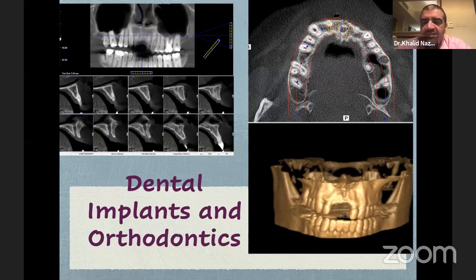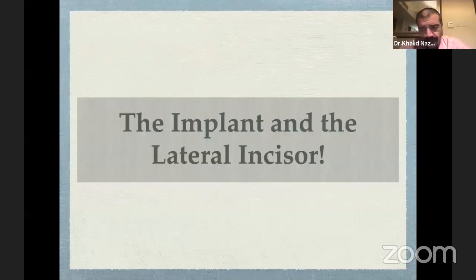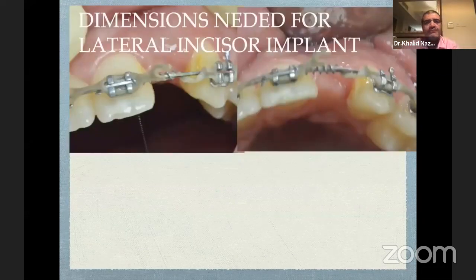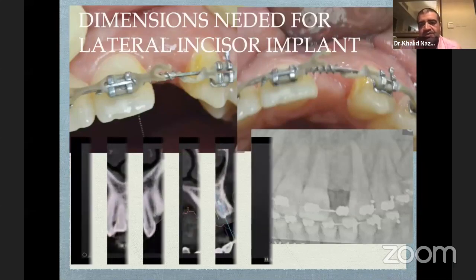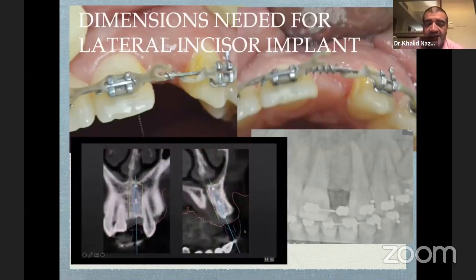So those cases cannot be treated with dental implants at all after debonding, unless retreatment is done again. So to avoid this, it's very important not only to focus on the clinical dimensions available for the implant, but also on the radiographic dimensions related to the root itself. The position of the roots of the adjacent teeth is crucial to allow implant placement.